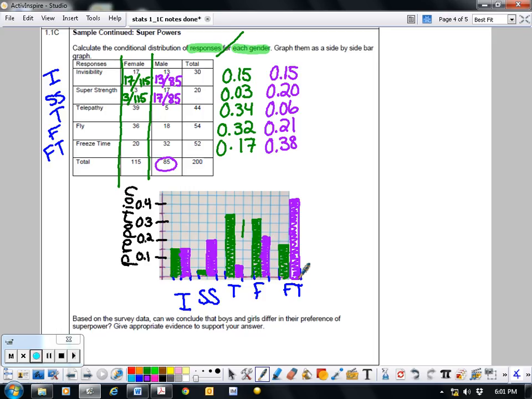So when we're looking at this, based on the survey data, can we conclude that boys and girls differ in their preference of superpower? Give appropriate evidence. I'd look at this and say, holy cow, there are huge differences between almost all the categories except for one. So I'd say yes. Only one category, and what category was that? Invisibility.